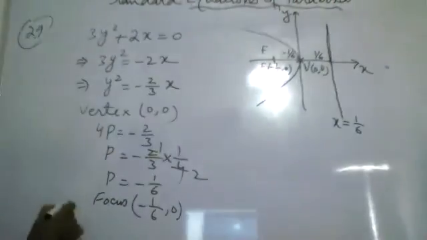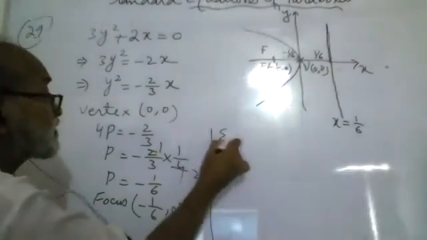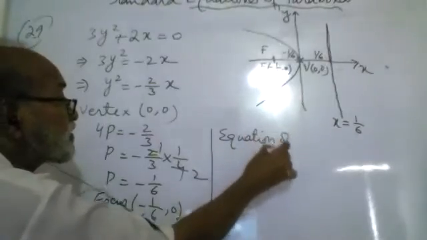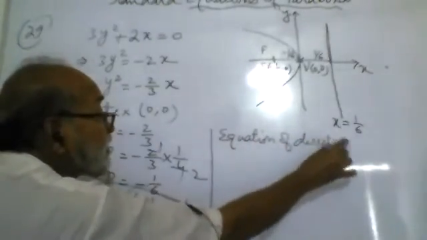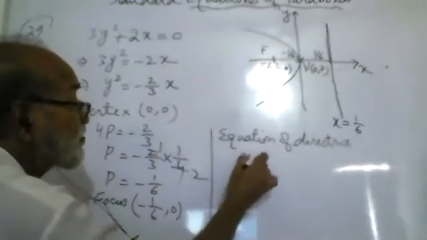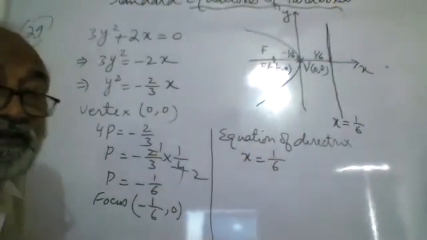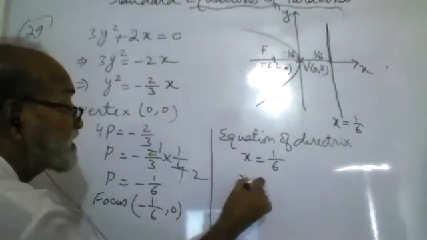So equation of directrix, x is equal to 1/6, or x minus 1/6 equal to 0.